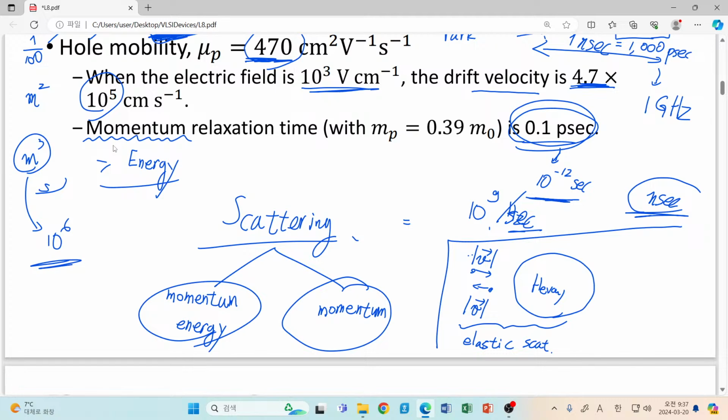Now think about another one. Here we have one particle and another particle. They have quite a similar mass, and they are heading toward each other with similar velocity. Then what will happen?